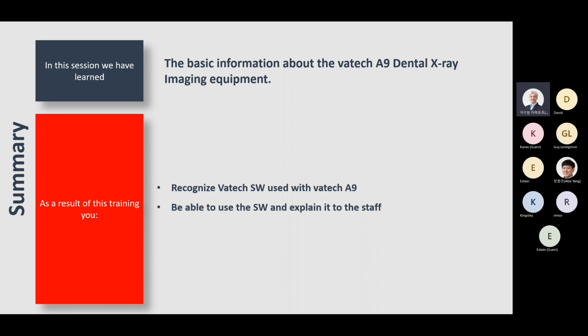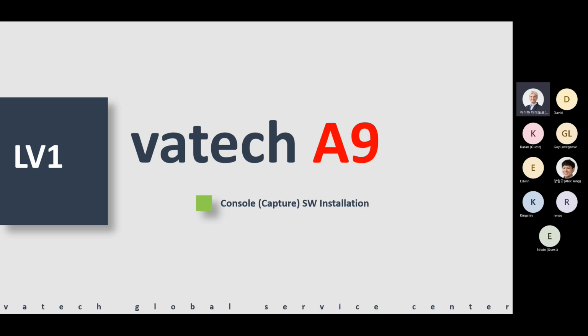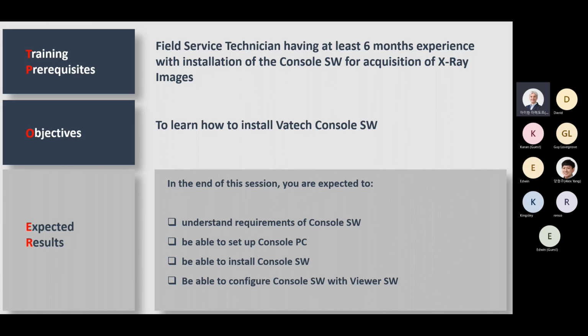Now, one of the most complicated parts of today's webinar is the console software or capture software installation. But it's not that complex actually, though compared to the previous content, it may be a little bit complicated.